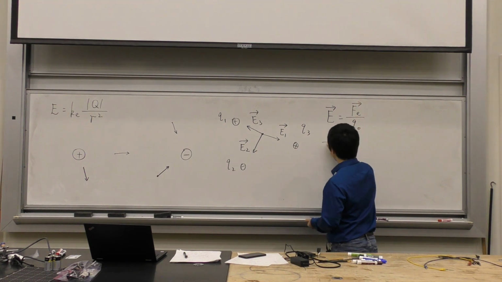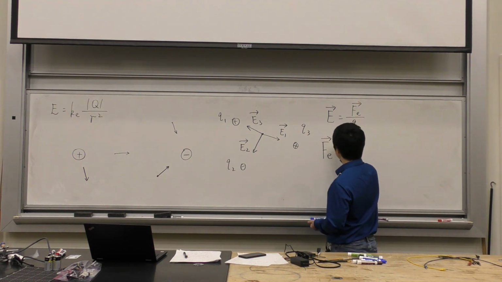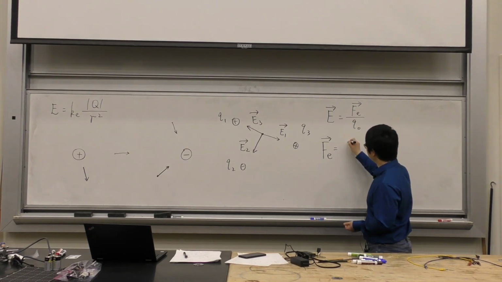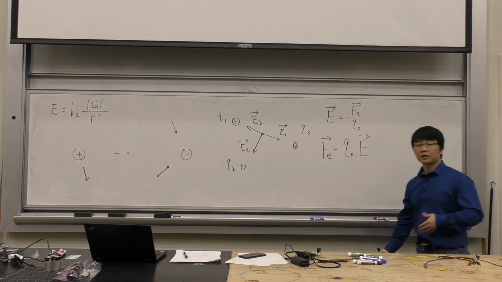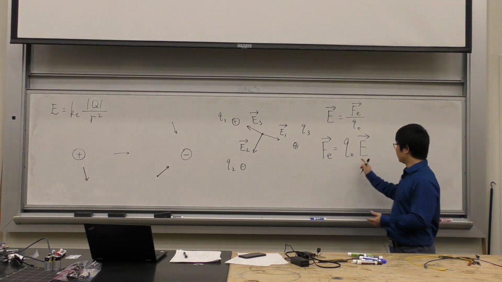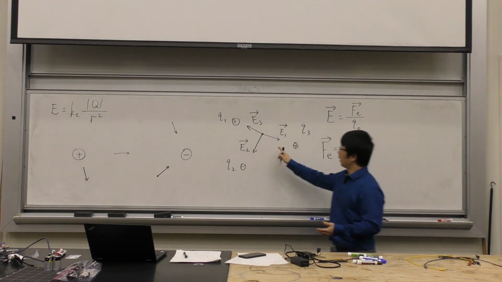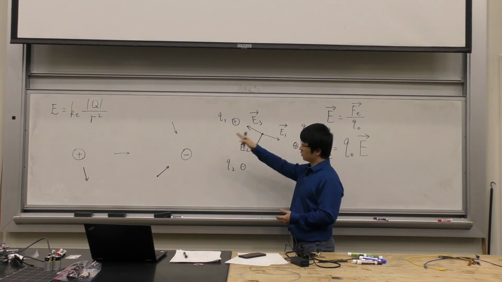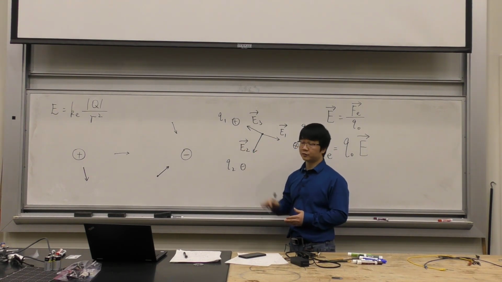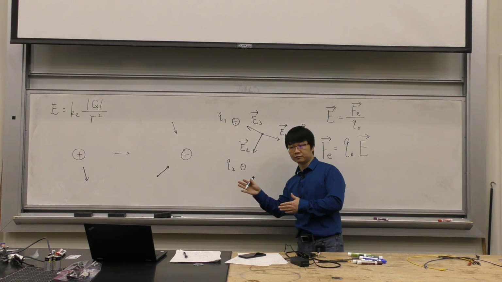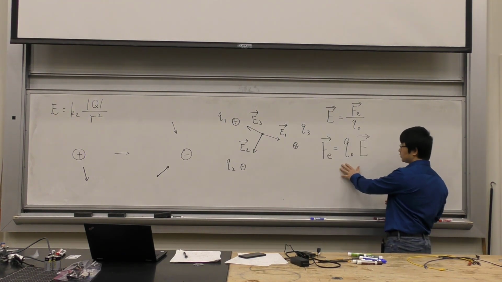Rearrange it, you would get the electric force at any point. It's going to be the test charge multiplied by the electric field at that point. The electric field I have already calculated using that fundamental theory. That's the hard part. Once you have done that, this is the easy part.